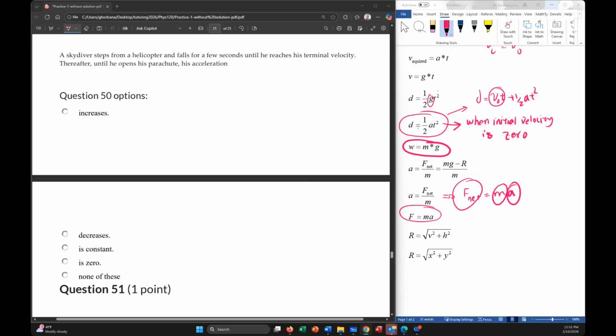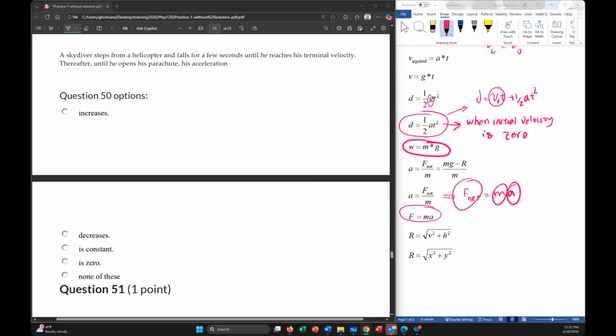At the very beginning, when I jump, the only force exerted on me is the force of gravity. But as I move through the air, there is air drag force, and this drag force increases until it becomes equal to my weight. At that point, these two cancel each other.